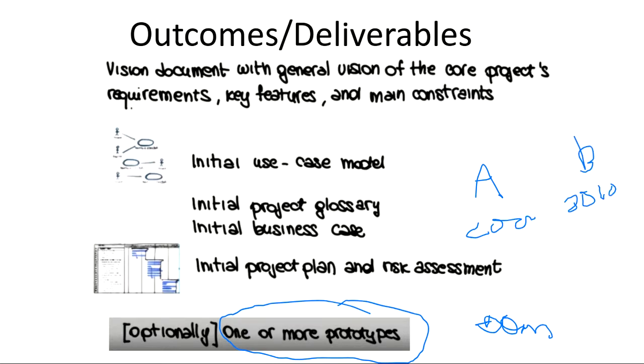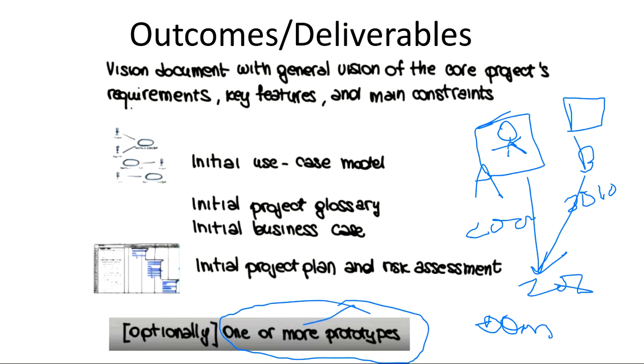So you will create some rough prototypes of these models also, to see how you can use them to create this new model of 2020. That is one or more prototypes. It depends on whether you have created this kind of project earlier or not. It depends on a lot of cases, but this is optional.